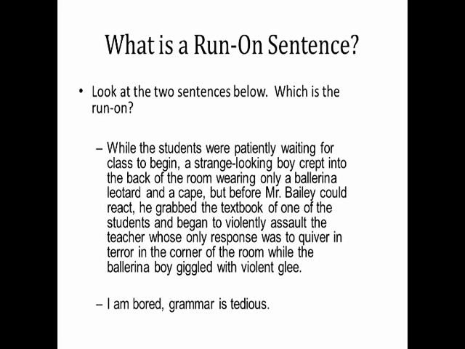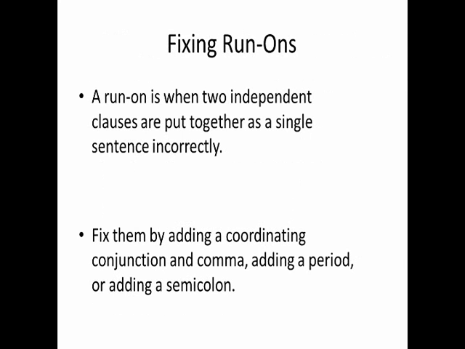Okay, let's try to correct that. A run-on is when two independent clauses are put together as a single sentence incorrectly. Now, how do we fix a run-on? You fix them by adding a coordinating conjunction and comma, adding a period, or adding a semicolon. Again, remember, for coordinating conjunctions, you have the FANBOYS.